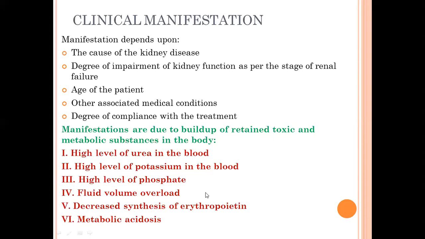First is a high level of urea in the blood. Next is a high level of potassium in the blood, a high level of phosphate, fluid volume overload, decreased synthesis of erythropoietin, and metabolic acidosis, whose symptoms we'll see one by one.